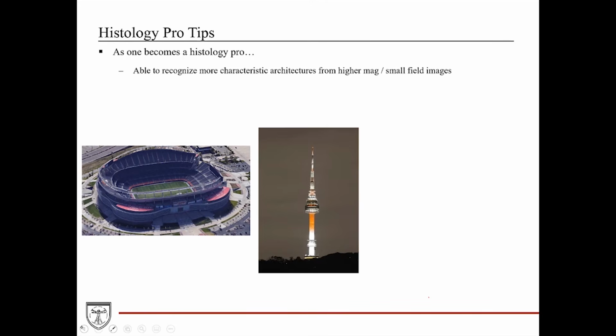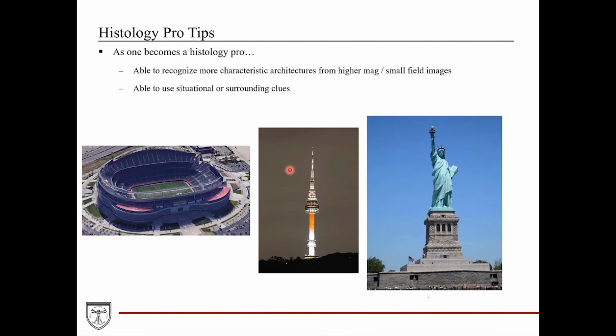So you'll soon be able to do the histological equivalent of recognizing the Empower Stadium at Mile High or a tower in South Korea. You will also be able to use the situational or surrounding clues to interpret the tissue with greater acuity. For example, here is the Statue of Liberty, a recognizable structure, but are we in New York or in Las Vegas?